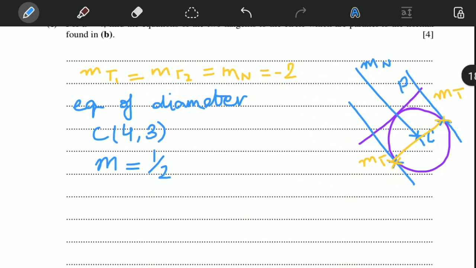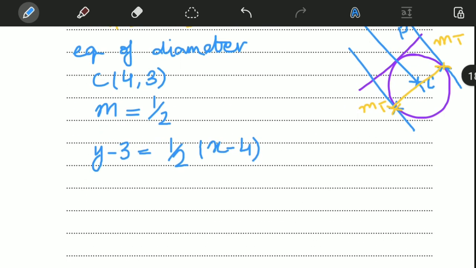So find the equation of the diameter. Y minus 3 is equals to half x minus 4. This is your equation of the diameter.